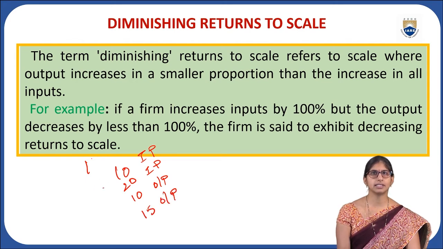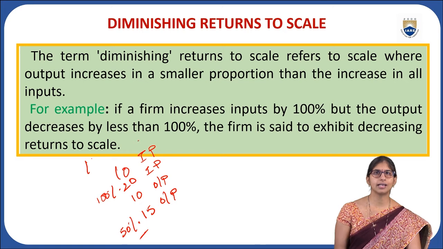So there is a 100% change in input, but we are getting only a 50% increase in output. The output is increasing at a decreasing rate. That we call diminishing returns to scale.